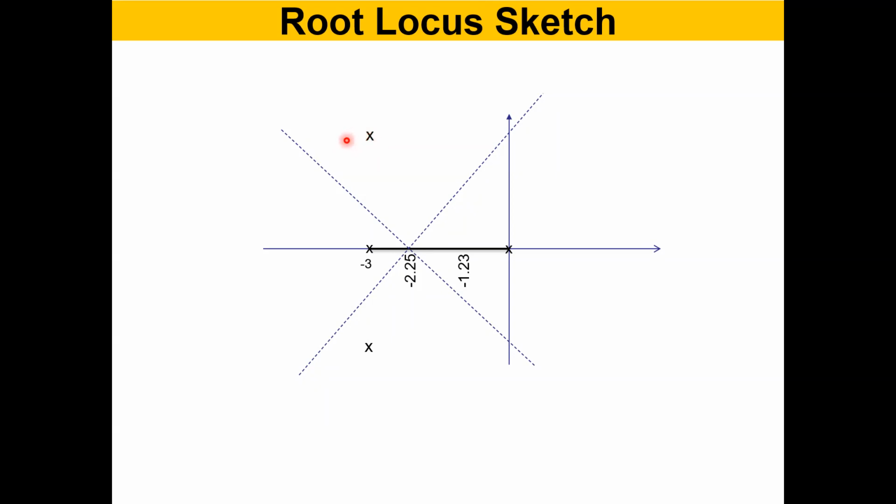So it probably goes like that, right? And on the other hand, the other conjugate pole will go like that. These two poles meet up over here, then one goes this way, the other one goes that way. So now it is a bit more clear for us the shape of the root locus.